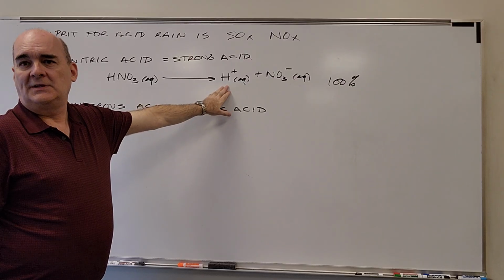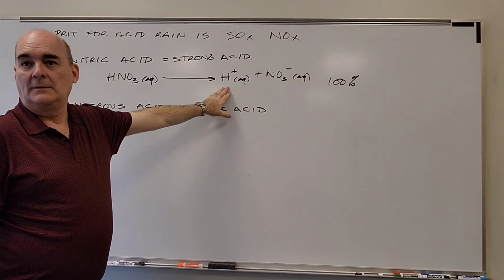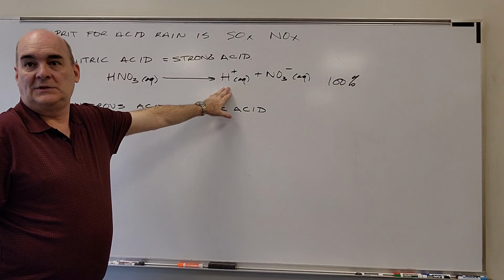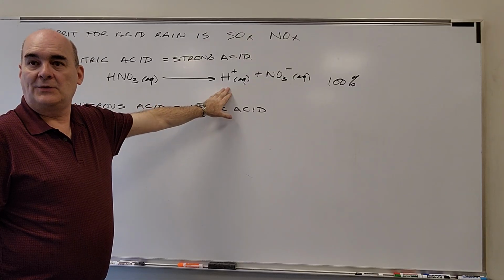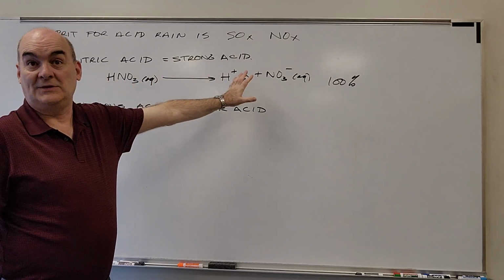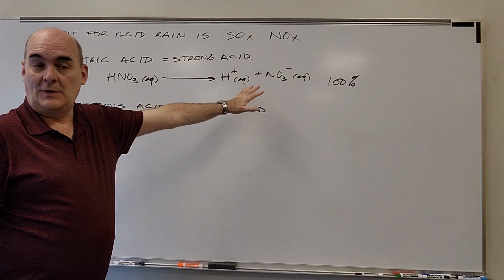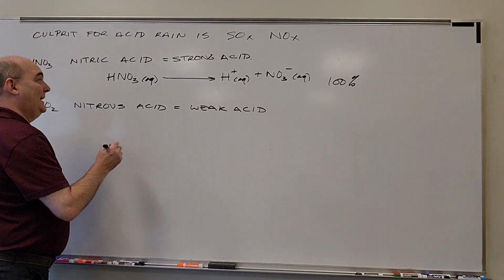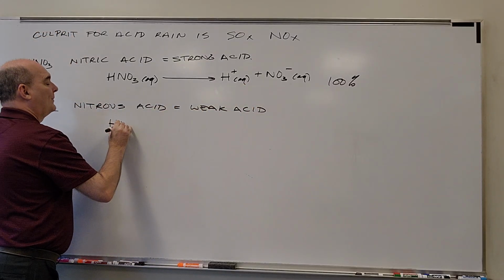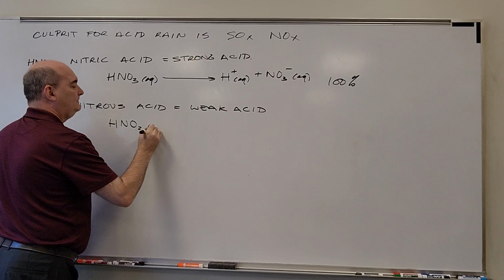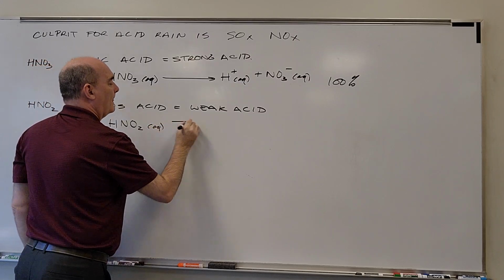Guess what a weak acid does? The opposite. It just doesn't go completely to the right. This is the left, that's the right. Reactants, products. So a weak acid sets up an equilibrium.